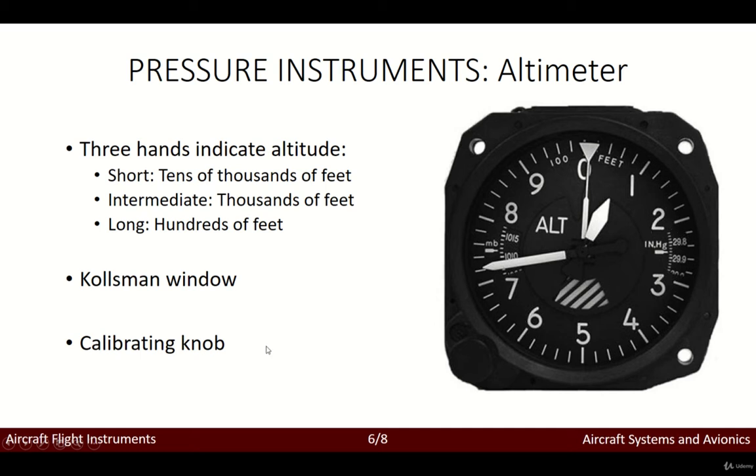Further calibrations can be made using this calibrating knob in the case that the altitude is not correctly defined. When might this happen? Well, in the case of having a temperature which, for instance, has an effect on the overall pressure.